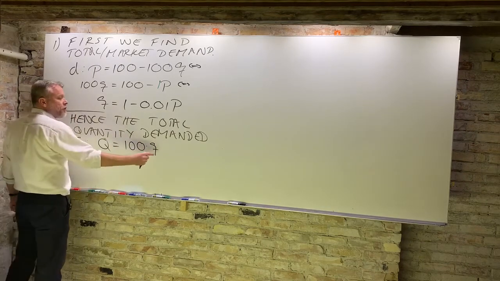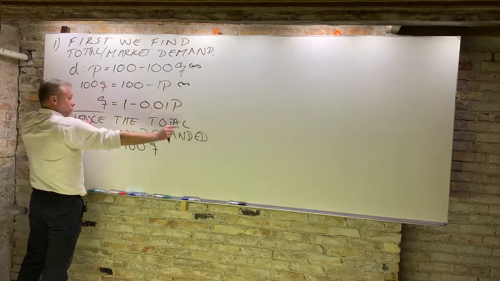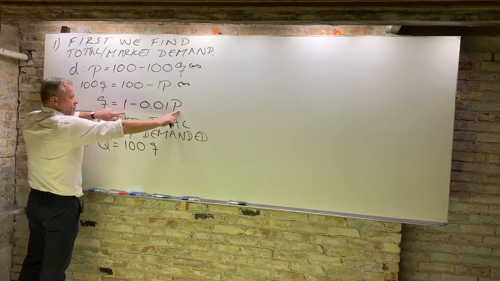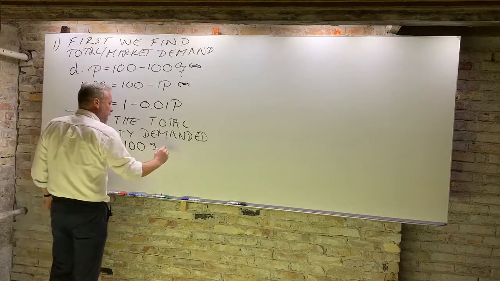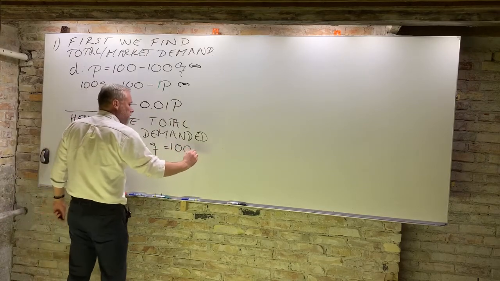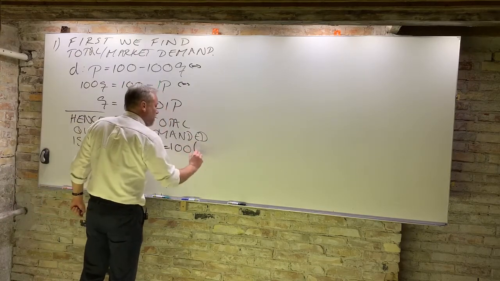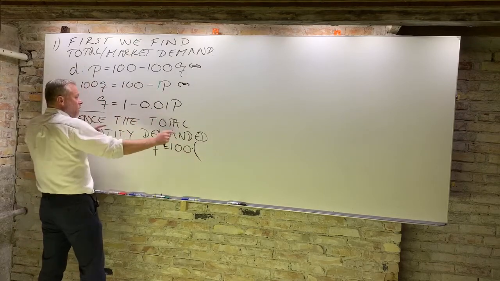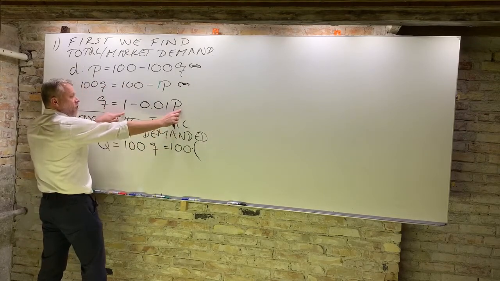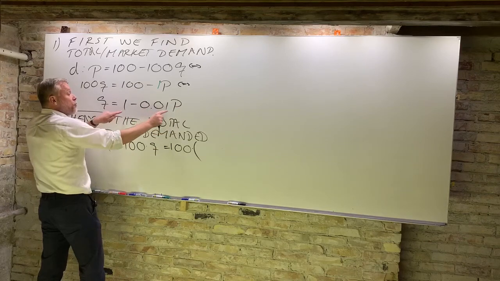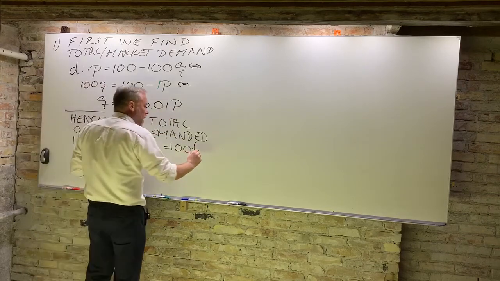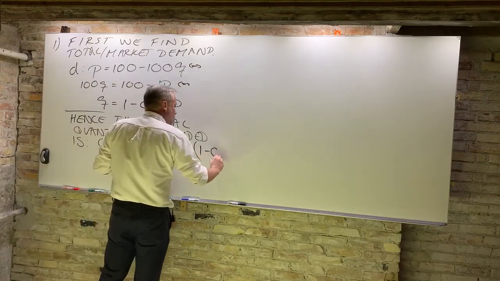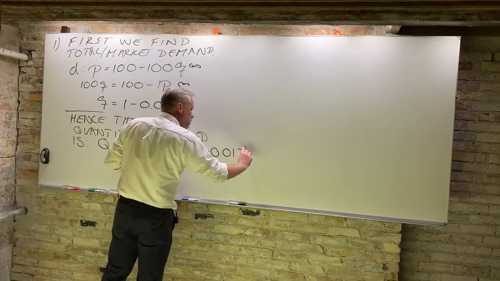Then you insert the expression you found up here for the individually demanded quantity. In other words, we now get 100 times, and then remember a parenthesis because I'm replacing lowercase q by the expression up here, which consists of two terms. There is a minus here, so now we should have a parenthesis around 1 minus 0.01p.